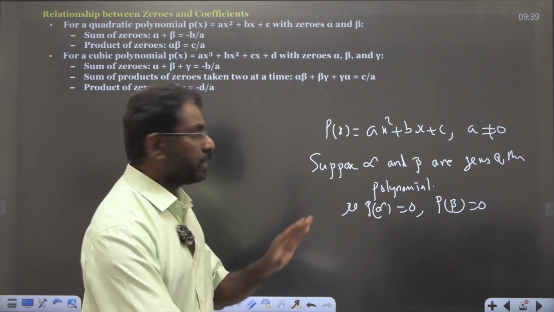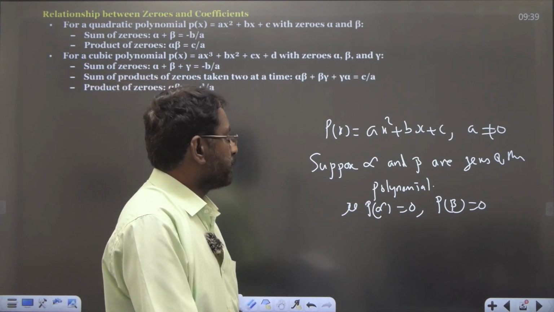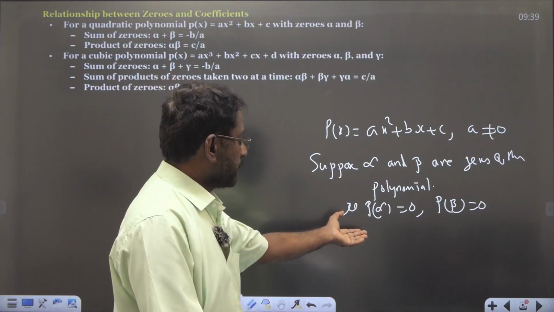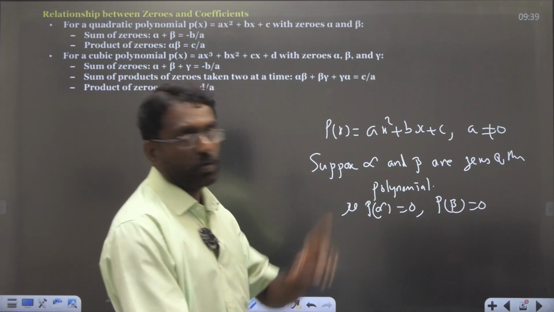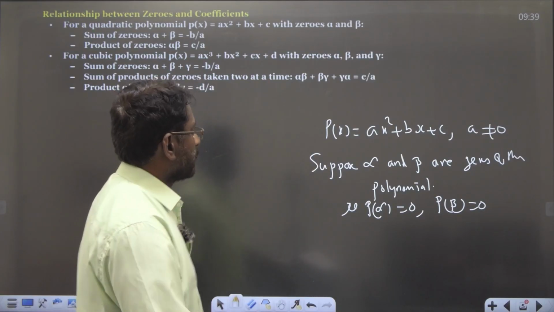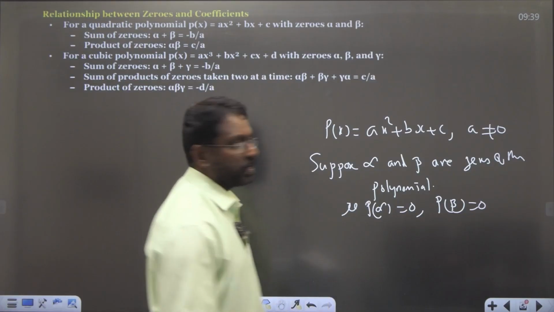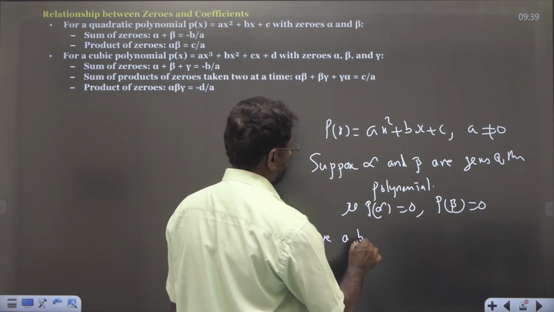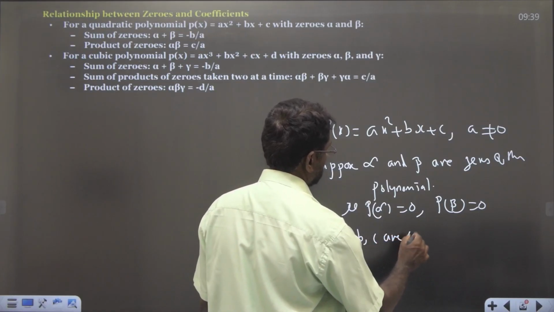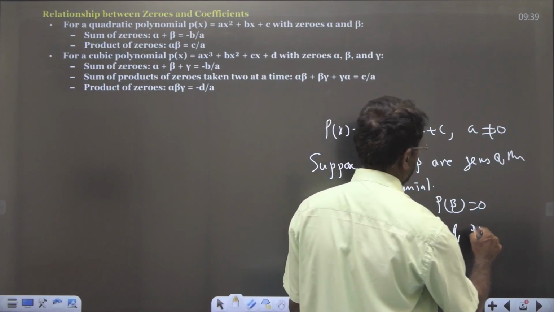That is from our fundamental concept. If alpha and beta are the zeros of the polynomial, then it is very clear p of alpha is equal to 0, p of beta is equal to 0. We have already discussed that. Okay, then here a, b, c are the real coefficients of p of x.